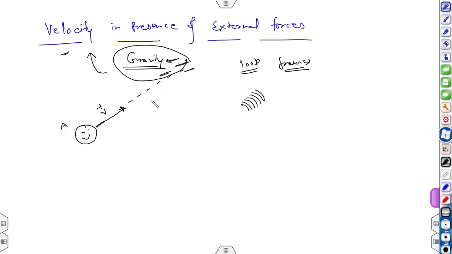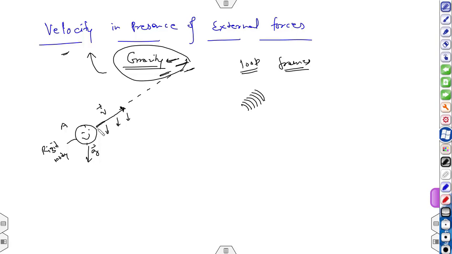But what will happen if this character has a rigid body component? It means an external force, that is gravity, will always be attached with this character, and it will always be applied on this character.